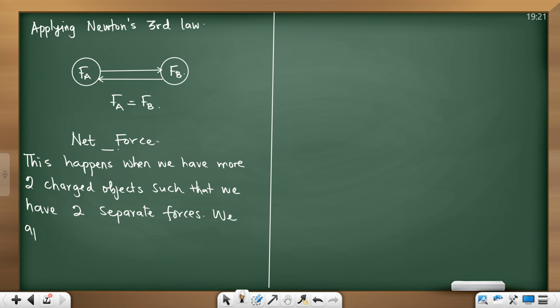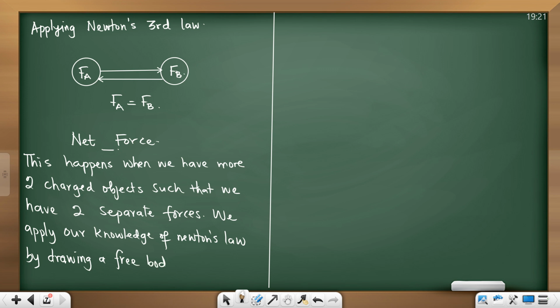We apply our knowledge of Newton's laws by drawing a free body diagram.